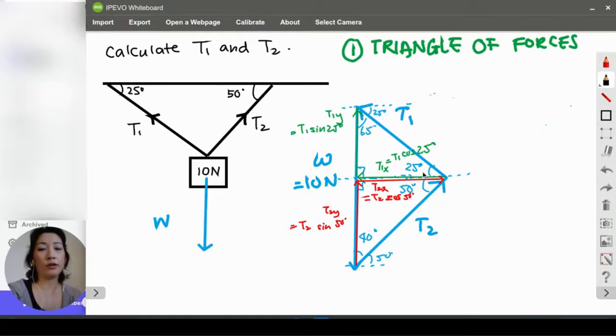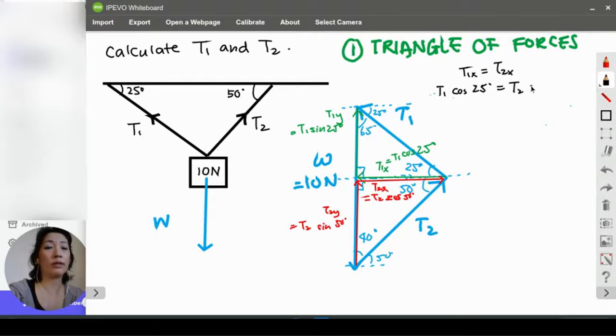So if you take a look, you can see that T1x is going to the left and T2x is going to the right, and the lengths are equal to each other. That means T1x is equal to T2x. That means T1 cos 25 is equal to T2 cos 50. So the problem here is that you have two unknowns, which means that in order to solve this, you need to do simultaneous equations.